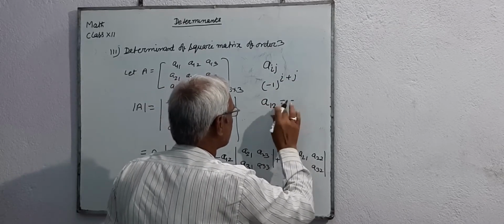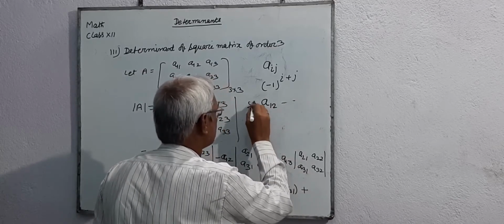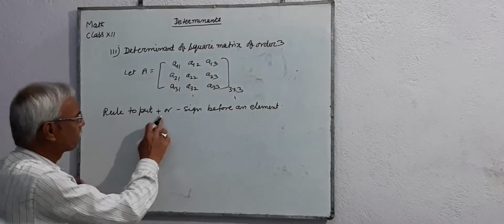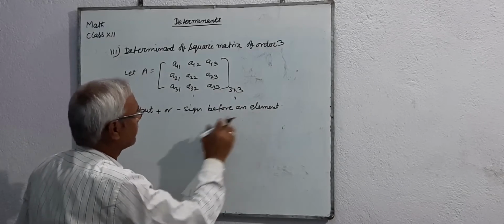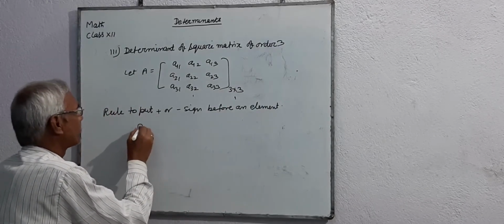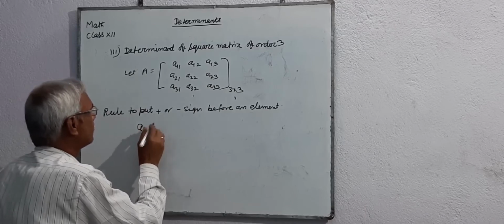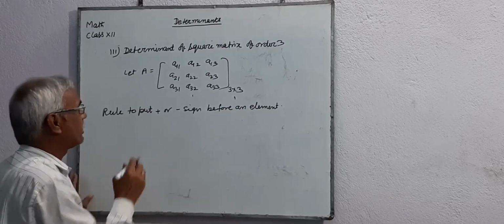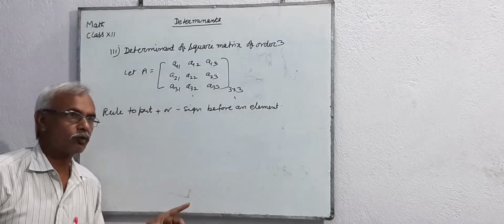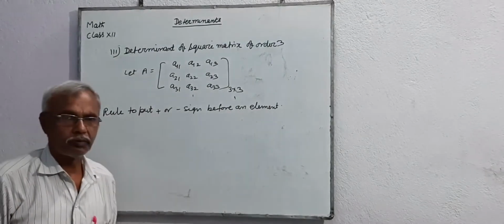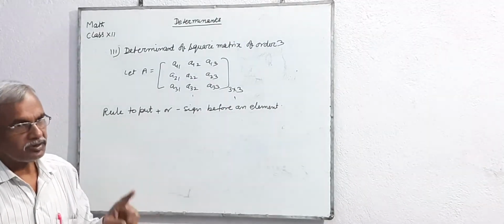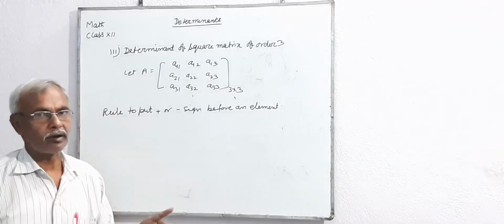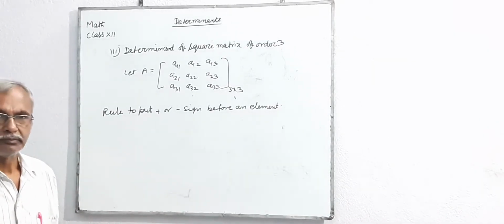We put a positive or negative sign before an element, for example A11, depending on the row and column in which the element lies. If the sum of row and column is even, we give a positive sign. If the sum of row and column is odd, we give a negative sign.